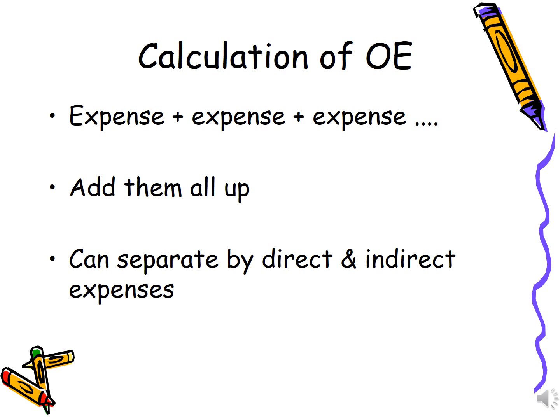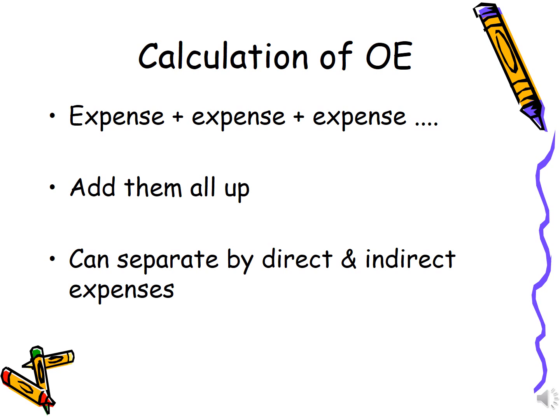Direct expenses are things that you have more control over because they are directly spent by your own department or your own store, whereas indirect expenses may be a little harder to control at the individual department or store level, because they are shared across multiple departments or stores. So you're going to have to make the decision at the upper administration level rather than at the department or store level. Whatever the expense is, whether direct or indirect, all expenses will have to be added up.